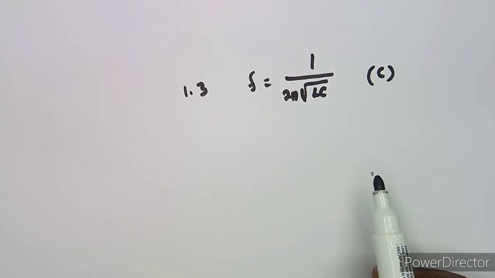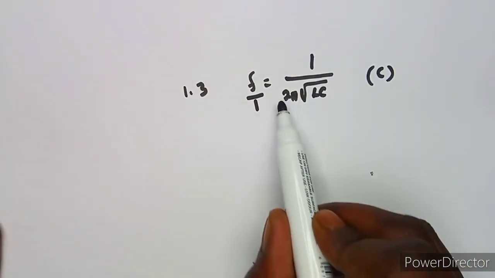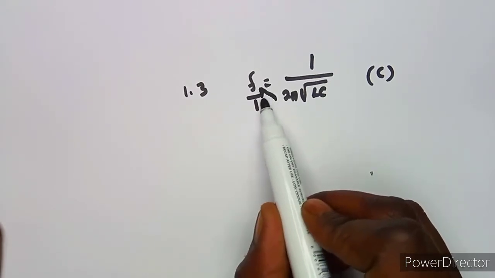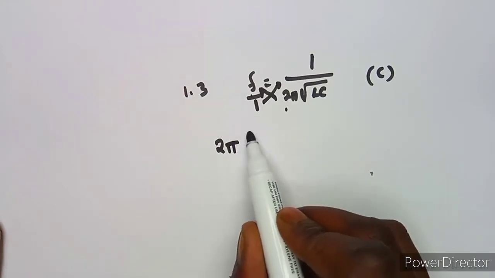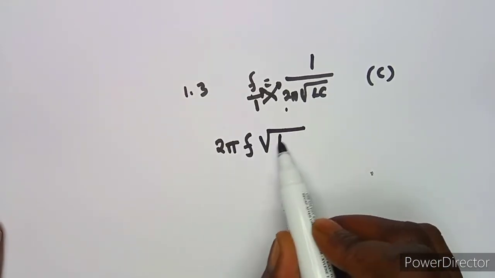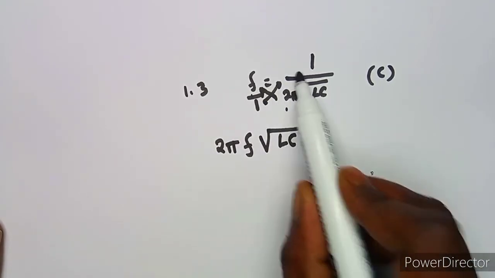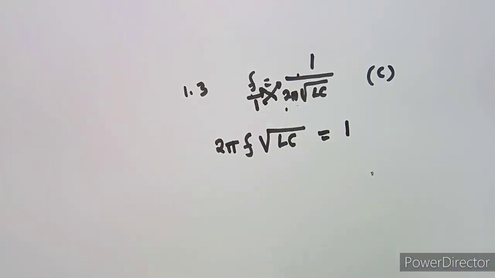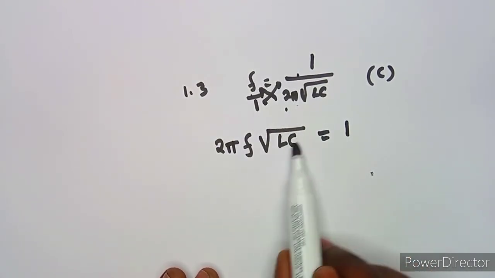Okay, so the first thing, we know that f is actually the same as f over 1, so you can cross multiply. That's f times this, which is going to be 2 pi f square root of LC, equal to 1 times 1, which is 1. All right, take note, we want to make C the subject, but take note it's bounded by a square root.